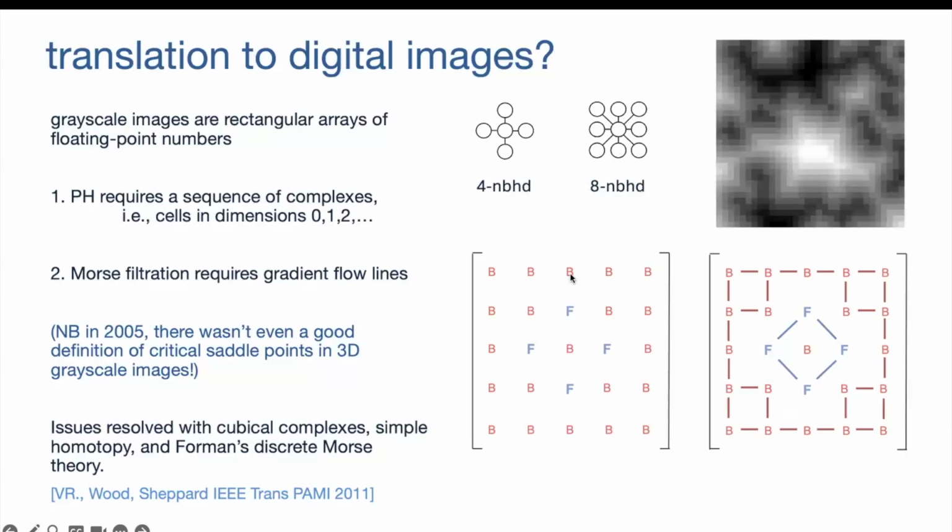So the issue that I'm trying to get to here is that if I choose the same adjacency for both the background and the foreground, I will end up with topological paradoxes. And in essence, the Jordan curve theorem about curves separating regions of the plane will fail, okay?